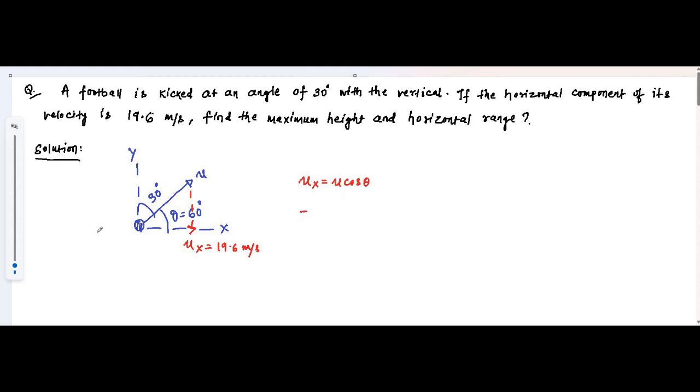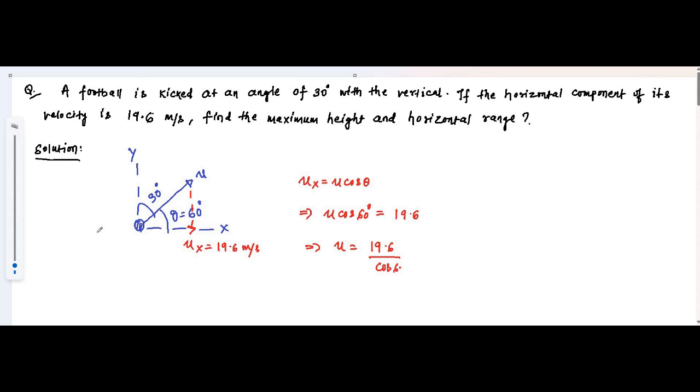So here that implies u cos 60 degree, this is the angle which it makes with the horizontal. So u cos 60 degree is equal to 19.6 meter per second. That implies u is equal to 19.6 by cos 60 degree.